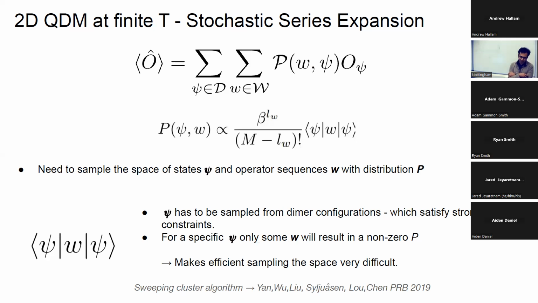Yes, so the probability distribution is not simply on W. It is a joint probability distribution. When I change from one W to another W, the matrix element changes. Psi might change. Okay. And you compute it explicitly.